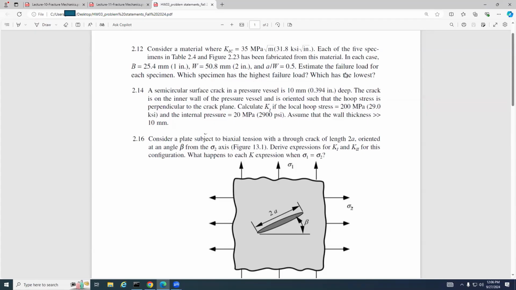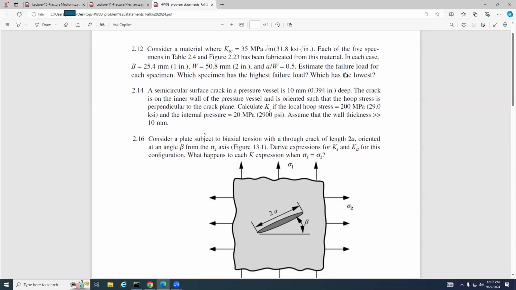You need to use this equation. Take a look at the table for problem 2.12, Table 2.4, and the figure on 2.23.